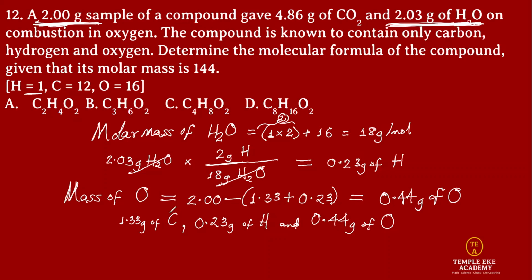For example, if we want to calculate the percentage composition of carbon, we're going to take the mass of carbon, 1.33, and divide by the total mass of the organic compound given to us, 2.00, and then multiply by 100. This process is the same for that of hydrogen and for oxygen, and therefore we can decide to skip this process and go to the next stage.